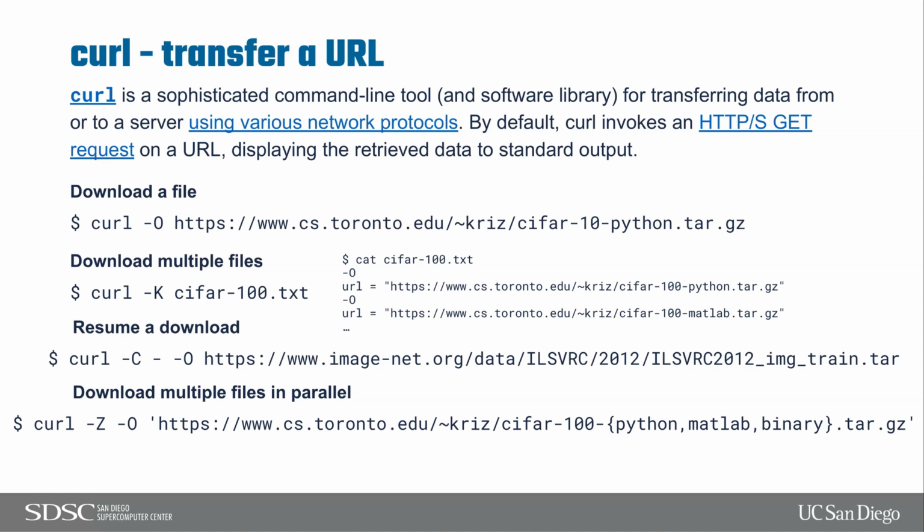It's not only a tool for downloading, although that's usually what you'll see it used for in the simplest cases if you come across this in some sort of documentation. It can do outbound requests. It can do all sorts of network protocol type requests. I don't even know how many types of network protocols it supports. It's a lot. It's a very sophisticated tool that can do many different things.